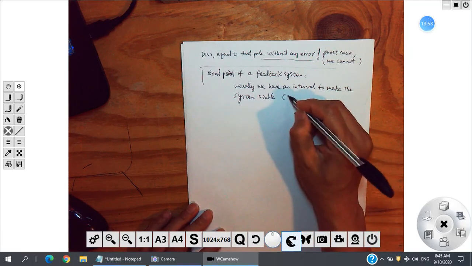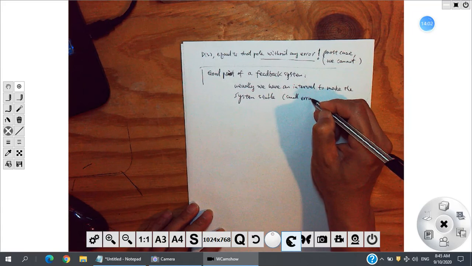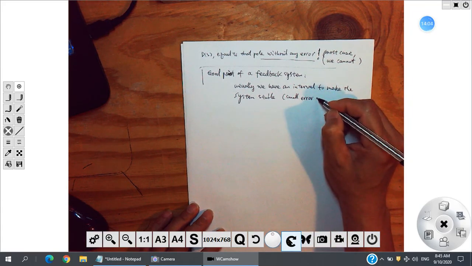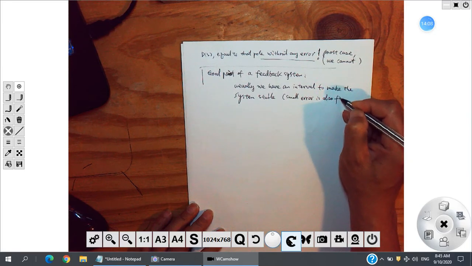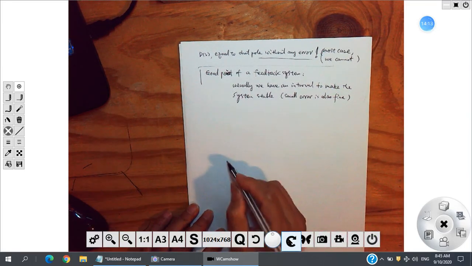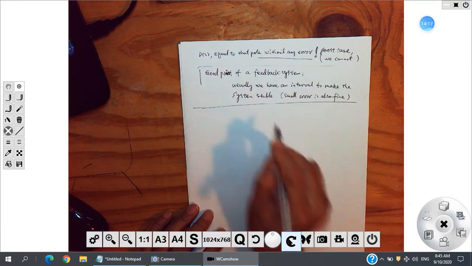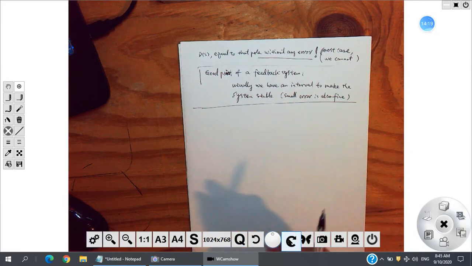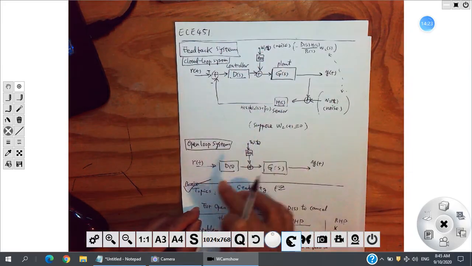Even with a small error, it's also fine. So this is one good point for feedback. When we consider stability, the closed loop is better than the open loop.